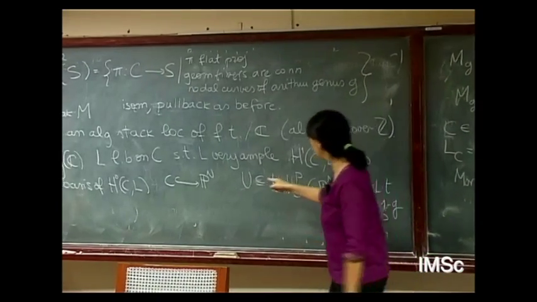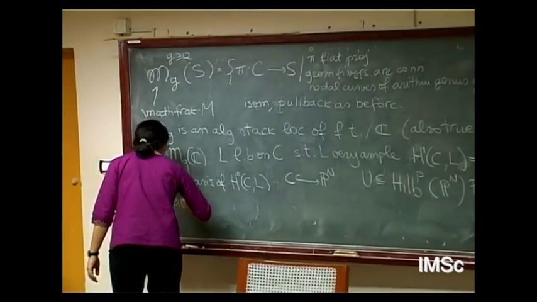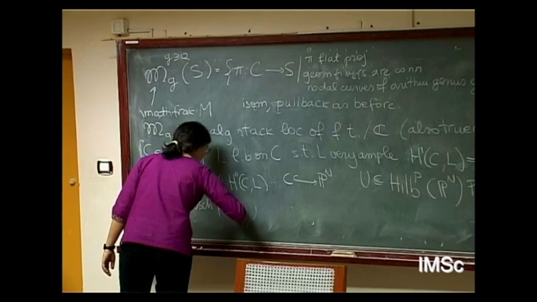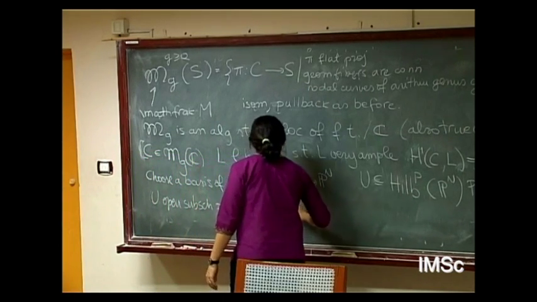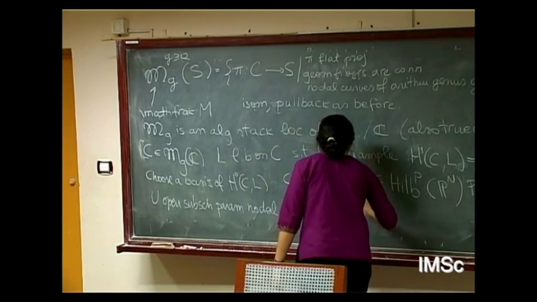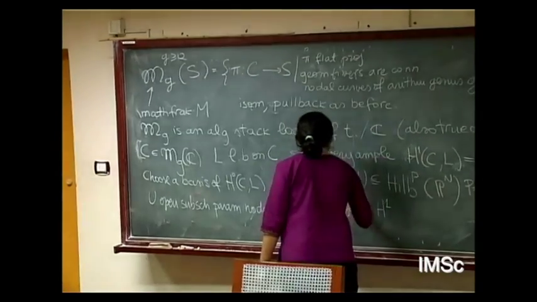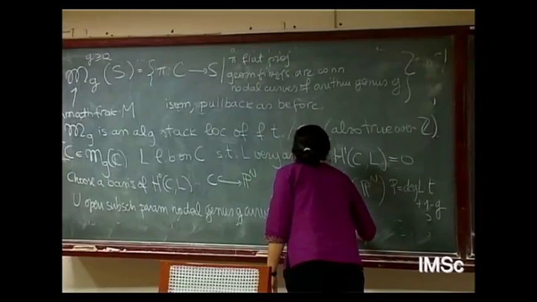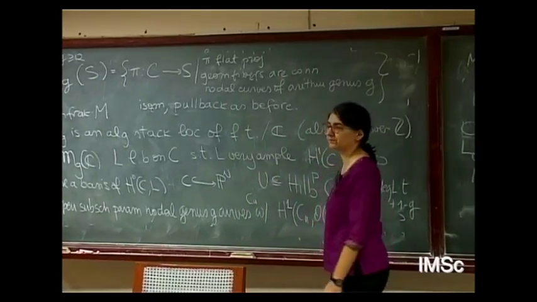And U is now the open subscheme parametrizing nodal genus g curves with H1 of the structure sheaf of the curve C_U equal to 0.